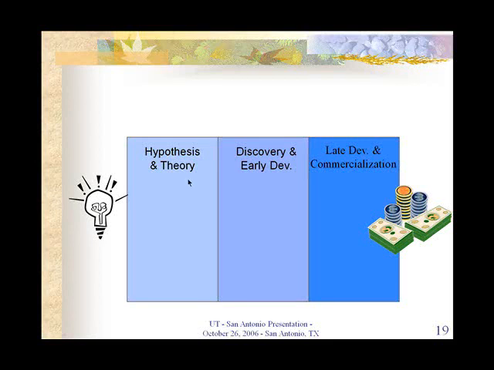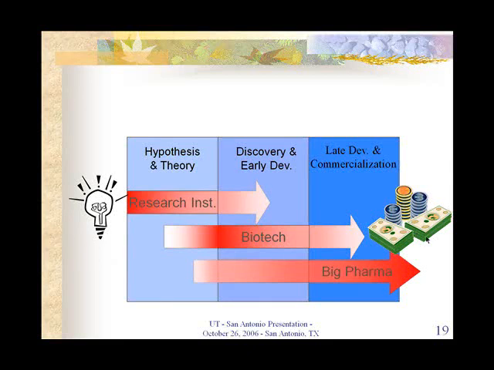So now let's consider how we might get from what we're most familiar with, the hypothesis-driven research and theories, all the way to something that could generate some cash. So from the idea to the cash. The research institutions are dealing mostly with hypothesis and theory.